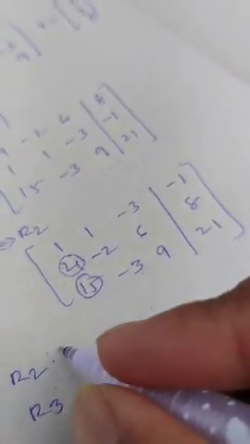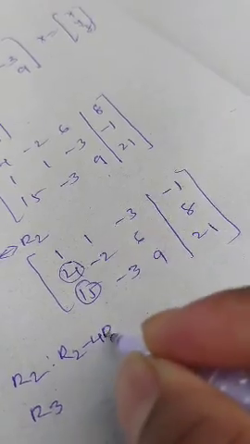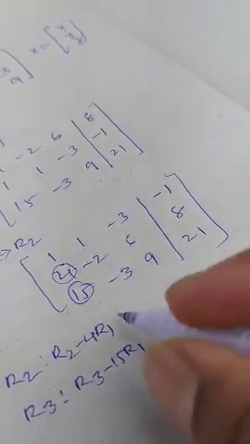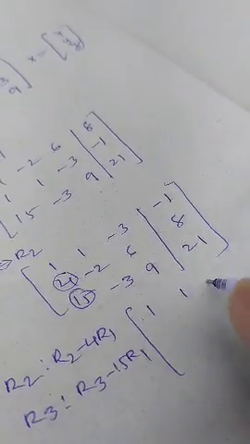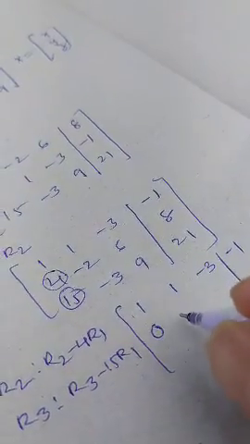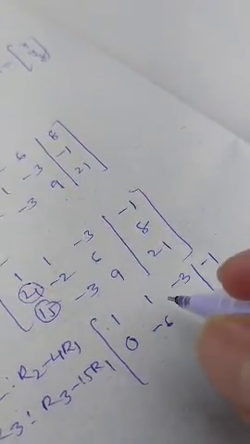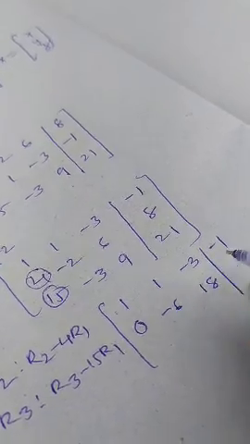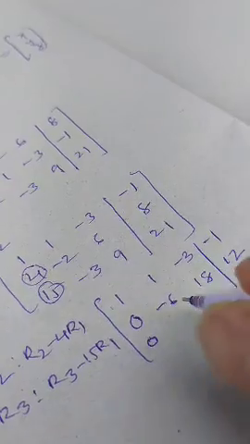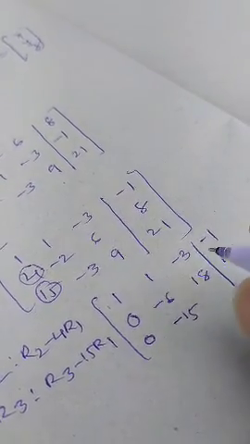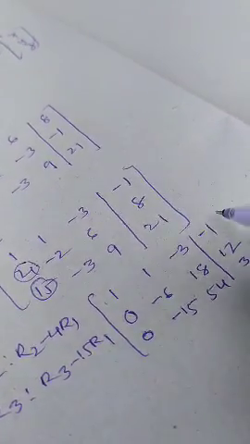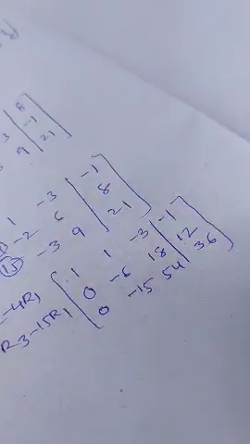R2 minus 4R1, R3 minus 15R1. First row as it is, 1 1 minus 3 minus 1, here 0 minus 6 18 12, here 0 minus 18 54 36, right?